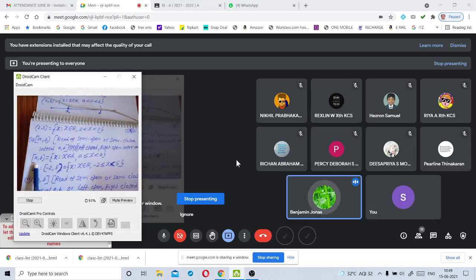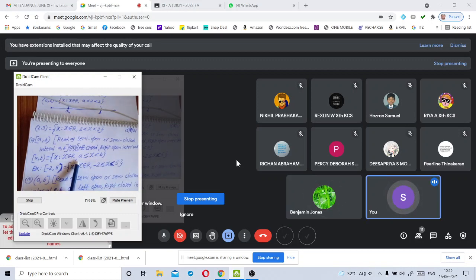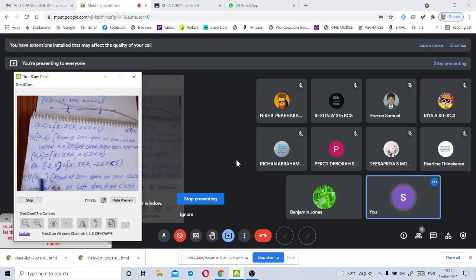Left closed, right open interval A comma B equals the set of all x such that x belongs to R, A less than or equal to x less than B. Read the comma also. Okay, we will discuss.